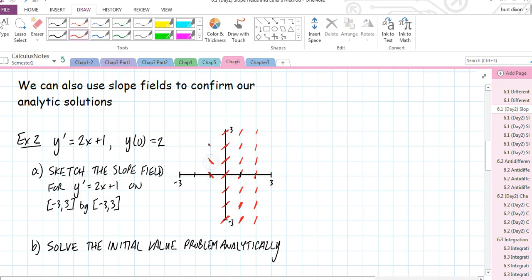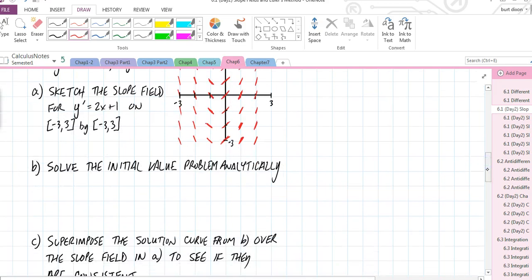So negative 1 all along this vertical line. If x was negative 2, we'd have a slope of negative 4 plus 1 is negative 3. And then negative 5.